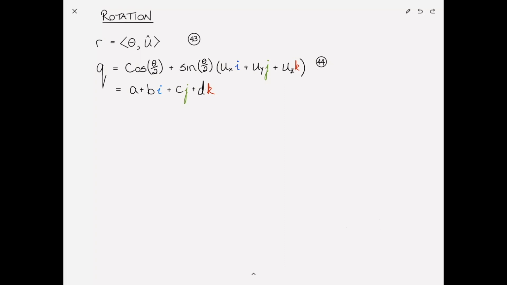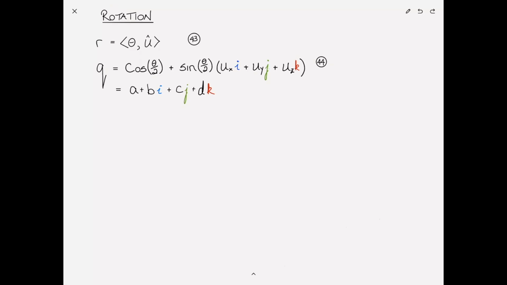This is our rotation quaternion, and this quaternion happens to be normalized. Why? Because this is a unit vector, so that's normalized. And then if we square each of the components, we get cosine squared plus sine squared times 1. And we know that cosine squared plus sine squared is equal to 1. That's a well-known trig identity.